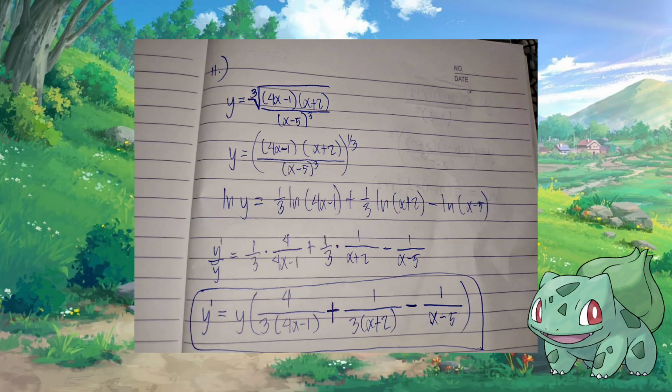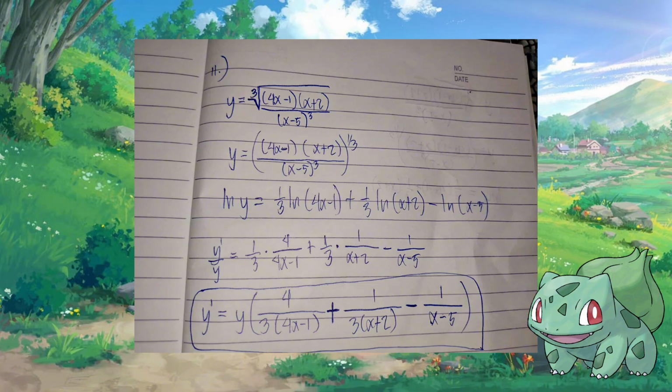So y equals [(4x minus 1) times (x plus 2) over (x minus 5) raised to 3] raised to 1/3. Why 1/3? Because the given is the third square root, so we need 1/3 as the exponent of the root.